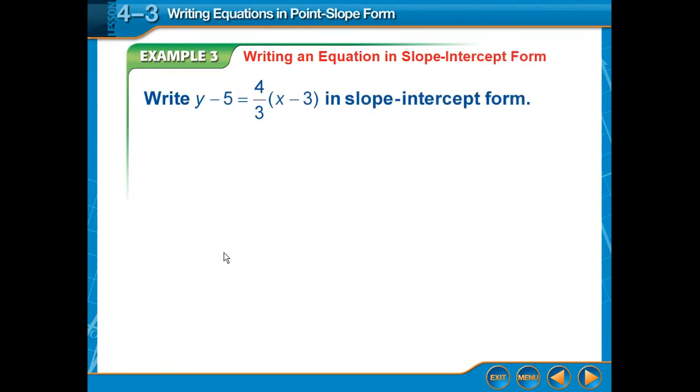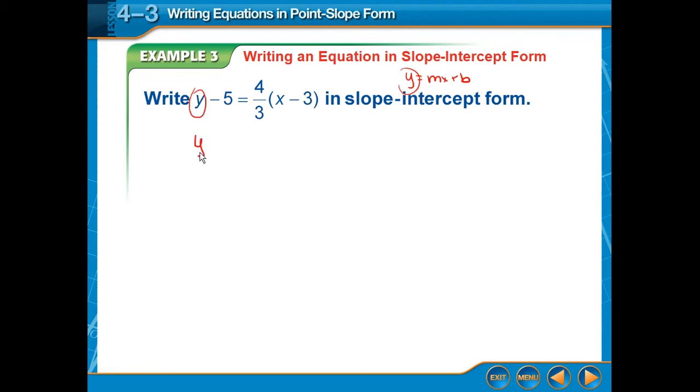Okay? So let's say that I'm given something in point-slope form. It's of this form. If I want to get it to slope-intercept, which is y equals mx plus b, I need the y to be by itself. That means I want to isolate this.